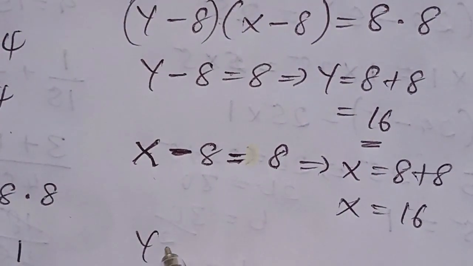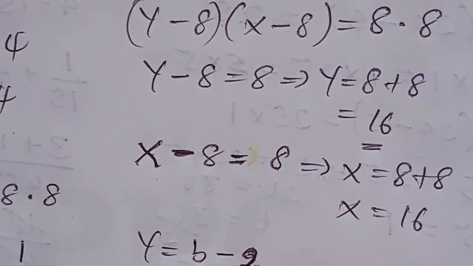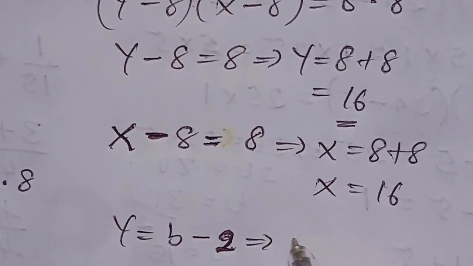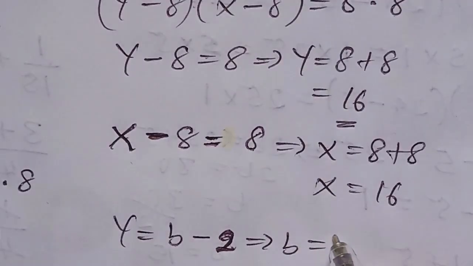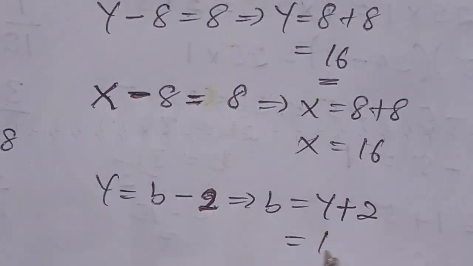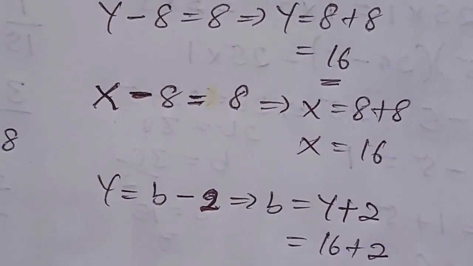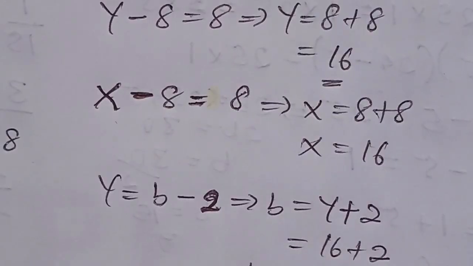So from y equal to b minus 2, it implies that b will now be equal to y plus 2, which is 16 plus 2, and that will give us 18 as b.